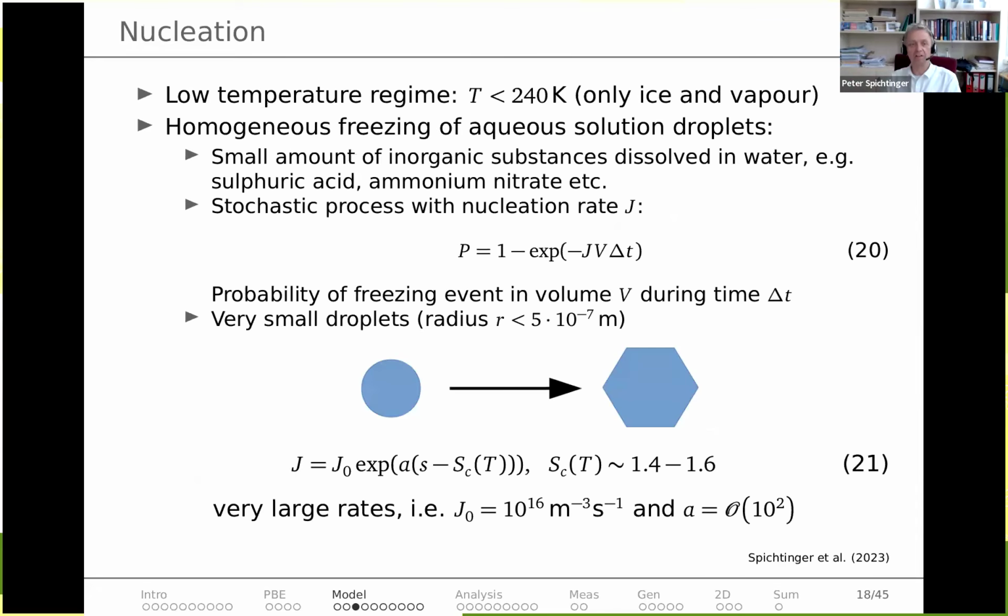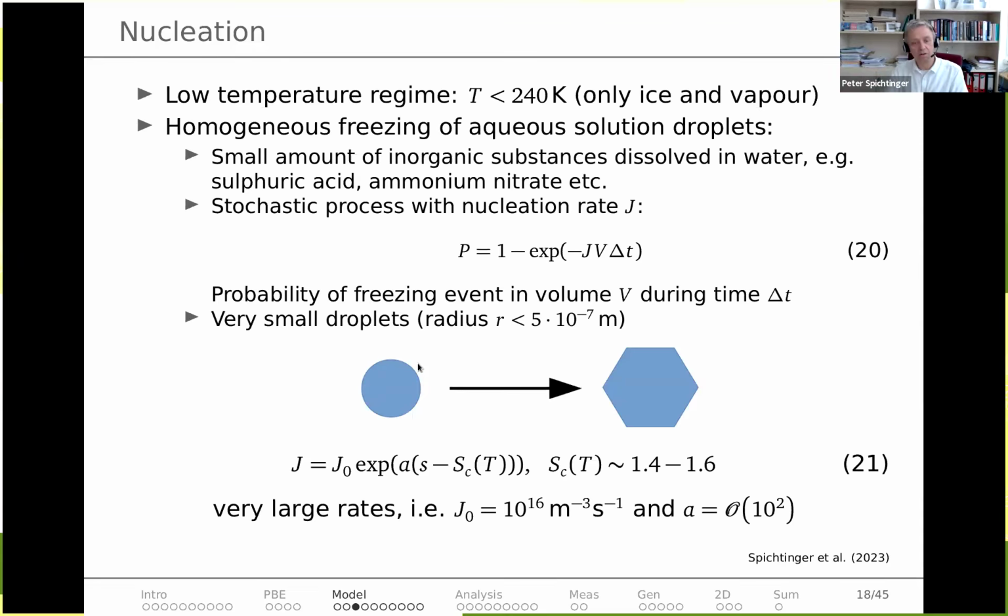So what we need is a nucleation process. We are sticking with the low temperature regime, so we have only ice and water vapor. And we think about homogeneous freezing of aqueous solution droplets. So you have a small amount of inorganic substances like sulfuric acid, ammonium nitrate, something which is around in the upper troposphere. And then you have a stochastic process with a nucleation rate for the probability of the freezing event.